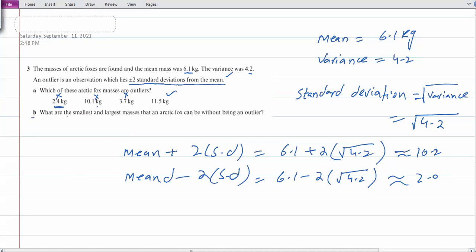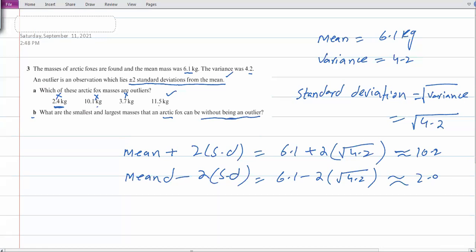Then part B is asking which are the smallest and largest masses that an Arctic fox can be without being an outlier. Without being an outlier means it should not be an outlier, and then we need the smallest and the largest value.